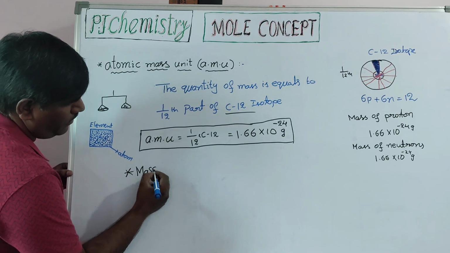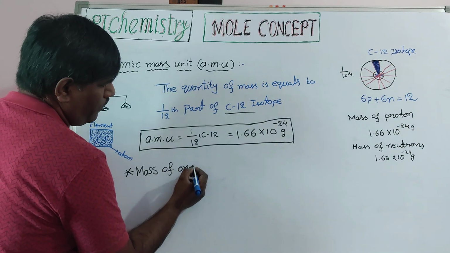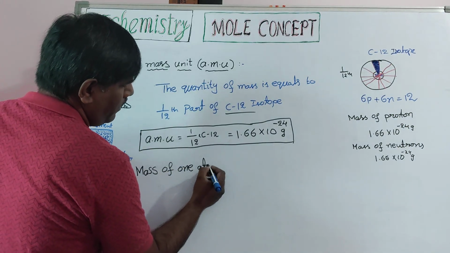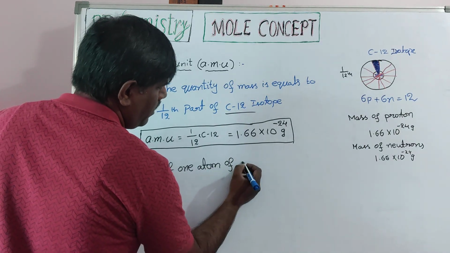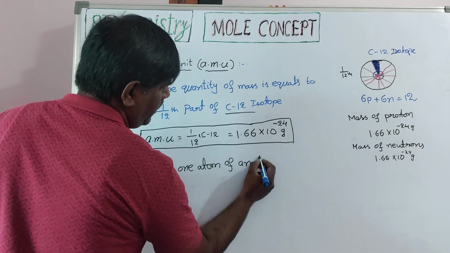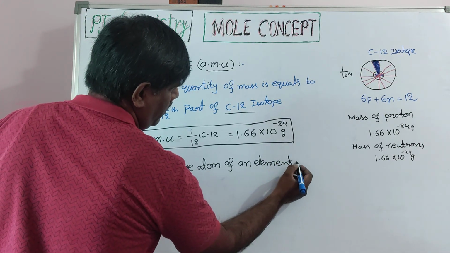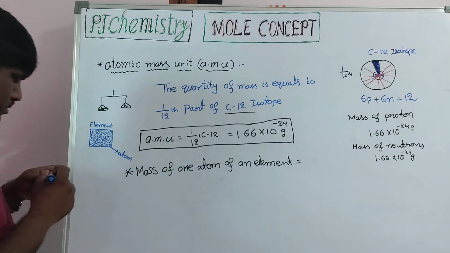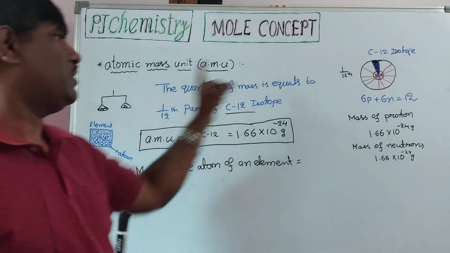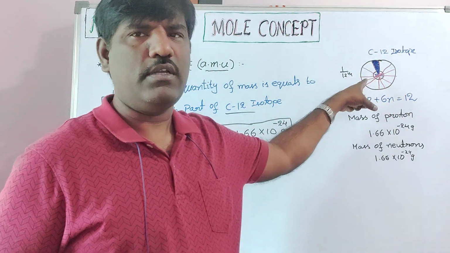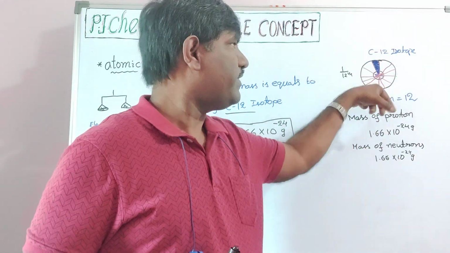mass of one atom of an element is equal to, for example, this small portion, one atom, this we considered, and it is divided into 12 parts.